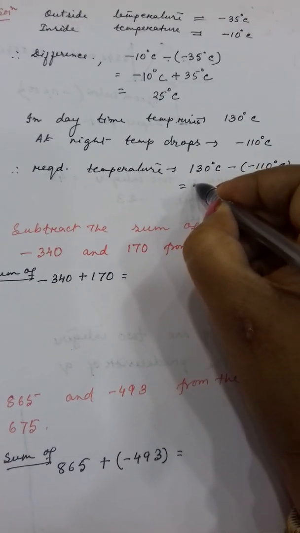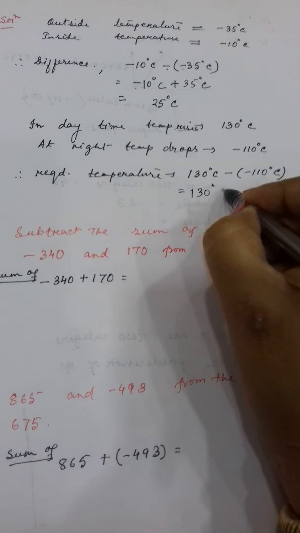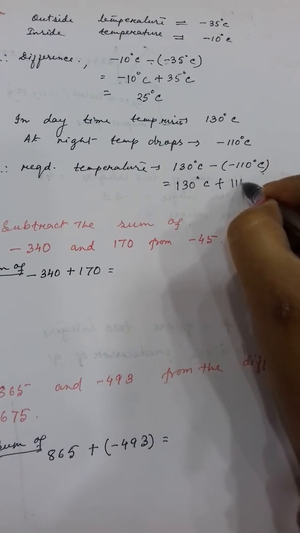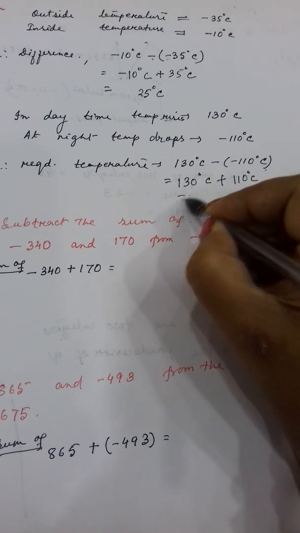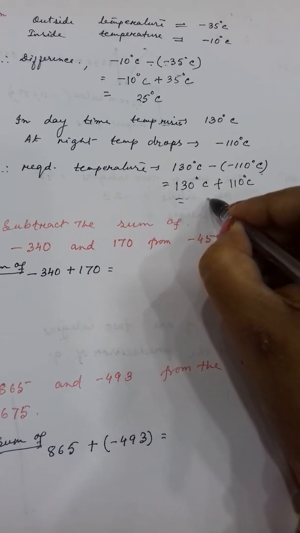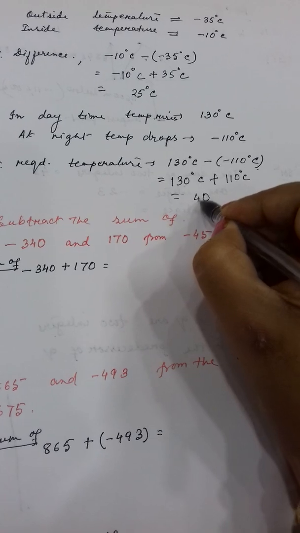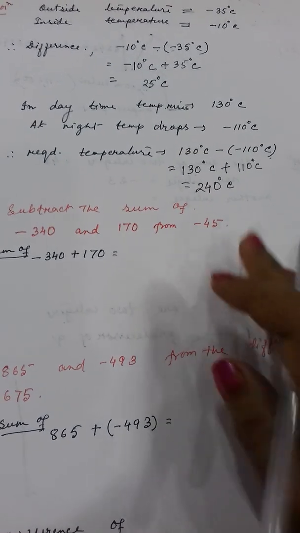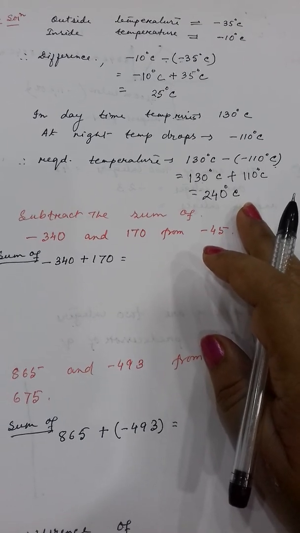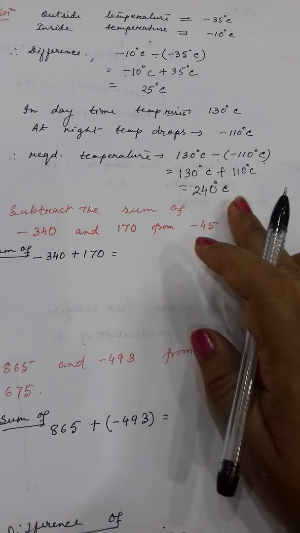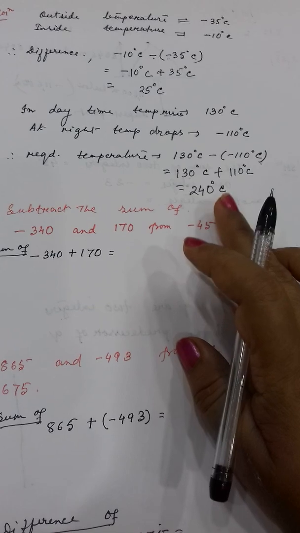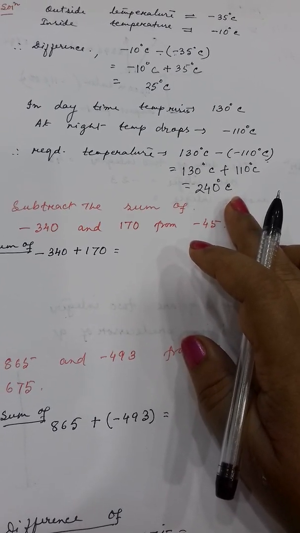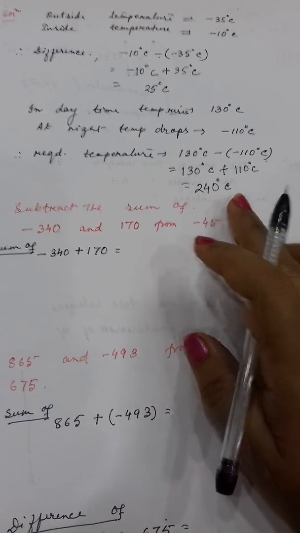Same way you solve it now. 130 degree minus minus 110 degree, so plus 110 degree. Both are positive. It will be 240 degree Celsius. This is the difference. That means the maximum temperature is 240 degrees Celsius more than the minimum temperature. Clear or not? Have you understood, everyone?